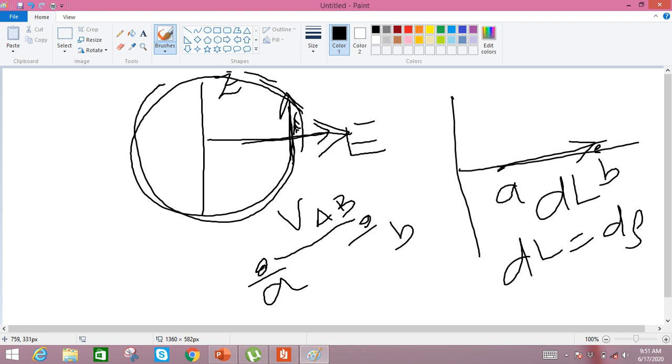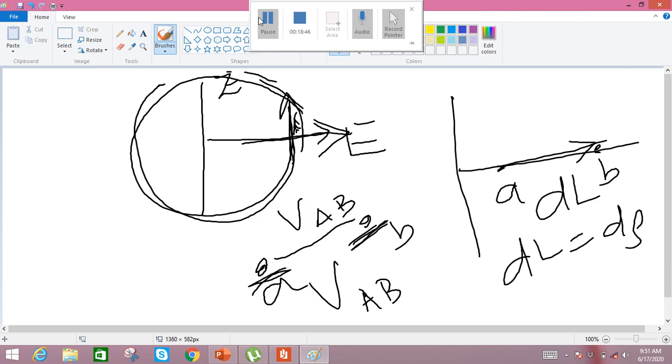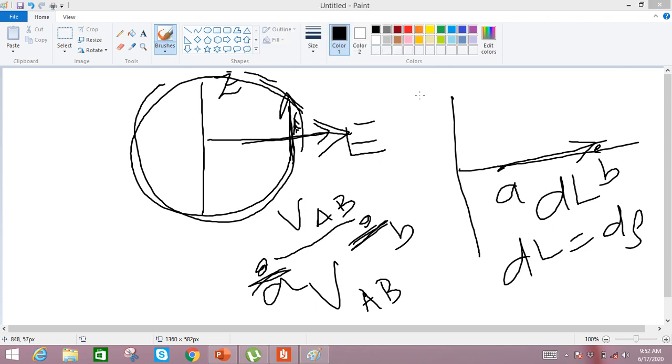VAB will be the potential difference between these 2 points, and it will be equal to the work done in moving a unit charge q from an initial point B to a final point A. So VAB will be the potential difference between these 2 points, where point B will be the initial position and point A will be the final position.